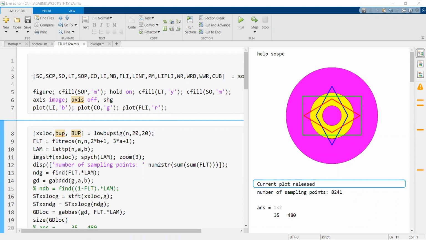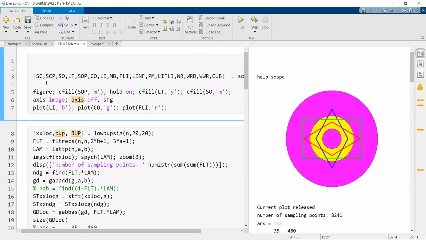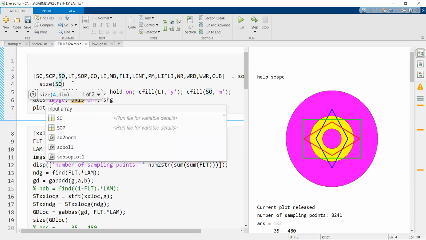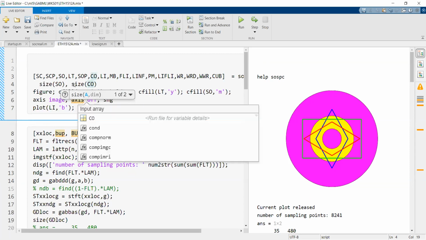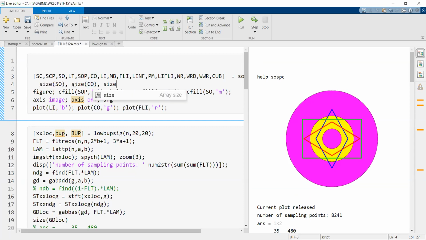I have one file that creates all these variables, and these variables are really just a collection of points in the complex plane. So I'm not sure if it works quickly, but maybe I'm showing you just the size of this object.